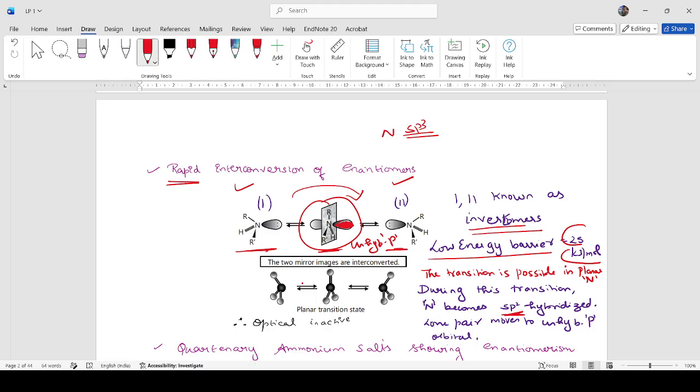Because of this, it becomes planar. If it becomes planar, how can it be chiral? How can it show a proper three-dimensional arrangement? Not possible. So here, the lone pair goes to the unhybridized orbital, and I have 1, 2, and 3 bonds made, which makes it sp2 hybridized. When we say it is sp2 hybridized, it is nothing but trigonal planar.